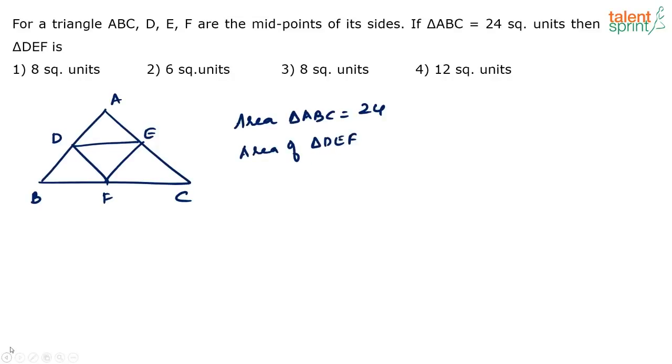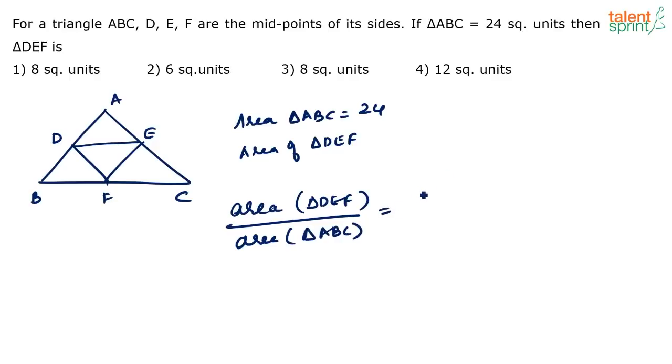So these are two similar triangles, right, and DE will be half of BC, similarly DF will be half of AC and EF will be half of AB. So when you have two similar triangles like this, the ratio of areas, that is the ratio of area of triangle DEF divided by area of triangle ABC, is nothing but equal to the ratio between the squares of the corresponding sides.